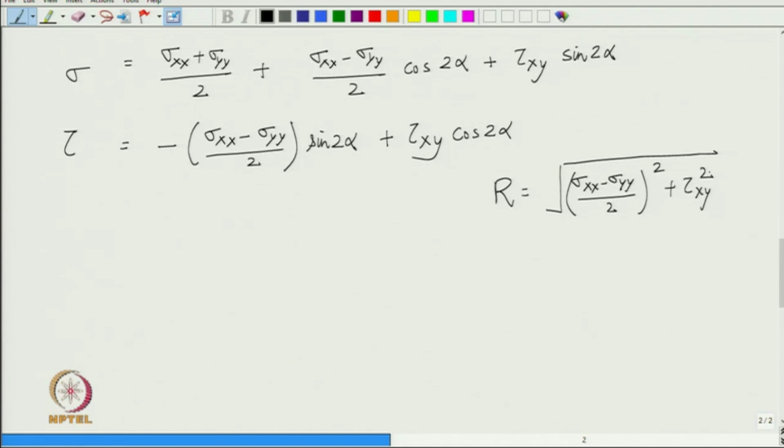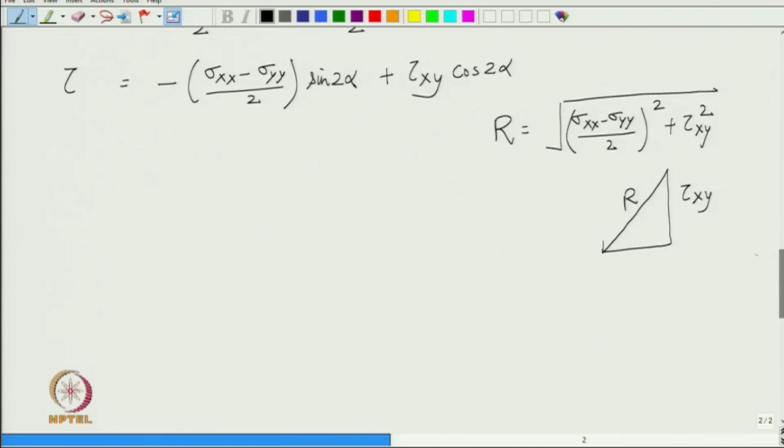Okay. So, I define an r in this way. If you do that, you can think of a right triangle, where the hypotenuse is this r, the vertical line is tau x y, whereas the horizontal line is then sigma x x minus sigma y y by 2, all right.